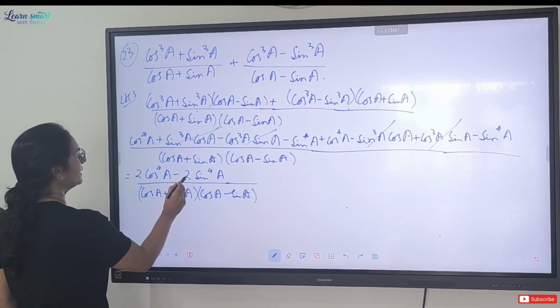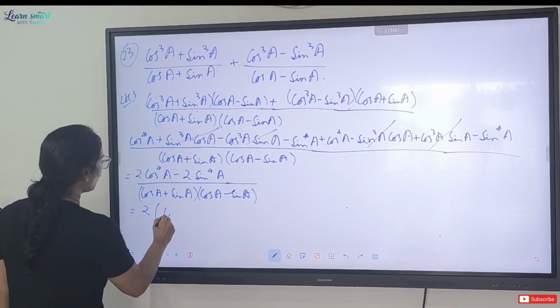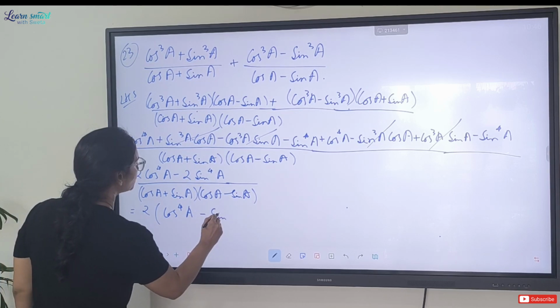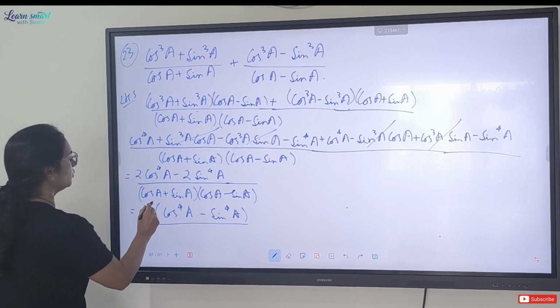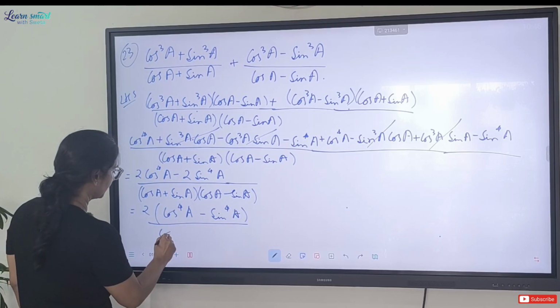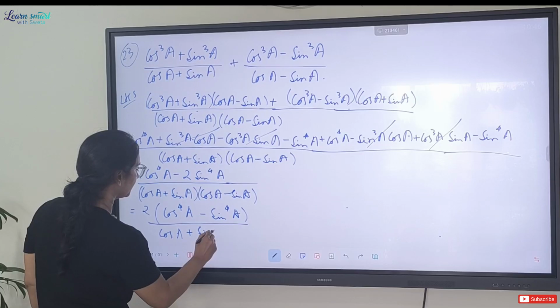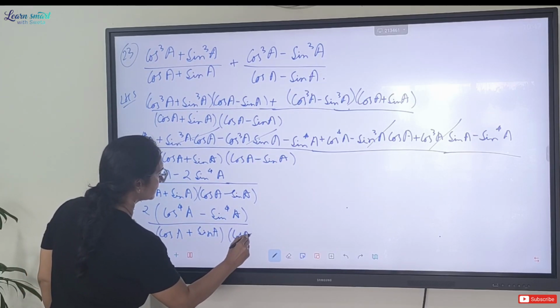So see, we can take 2 common and write 2 times cos raised to the power 4A minus sin raised to the power 4A, upon cos A plus sin A into cos A minus sin A.